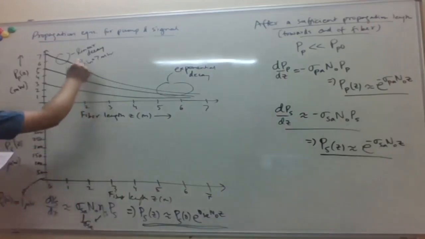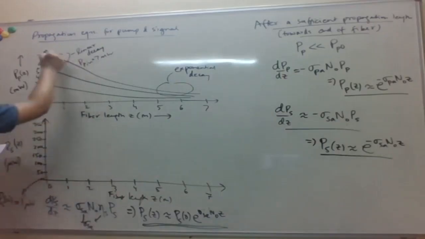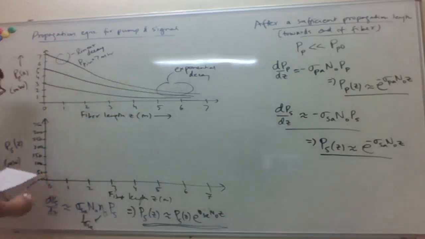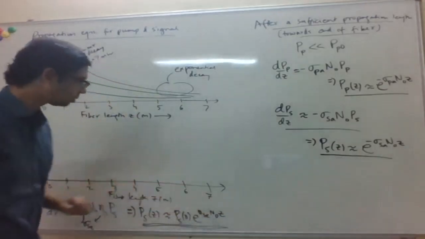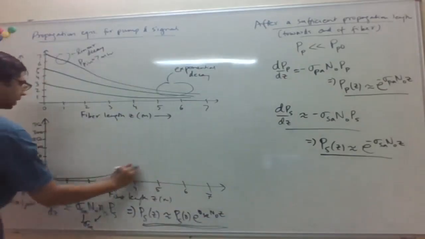Now we can look at again these 3 different cases for input power: 7 milliwatt, 5 milliwatt, 3 milliwatt. For 7 milliwatt, you can see the pump power is the highest, so the gain will be the highest. The behavior is initially you get exponential gain.